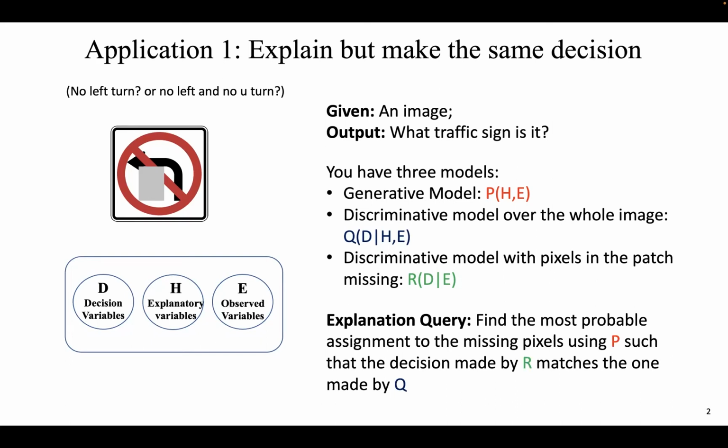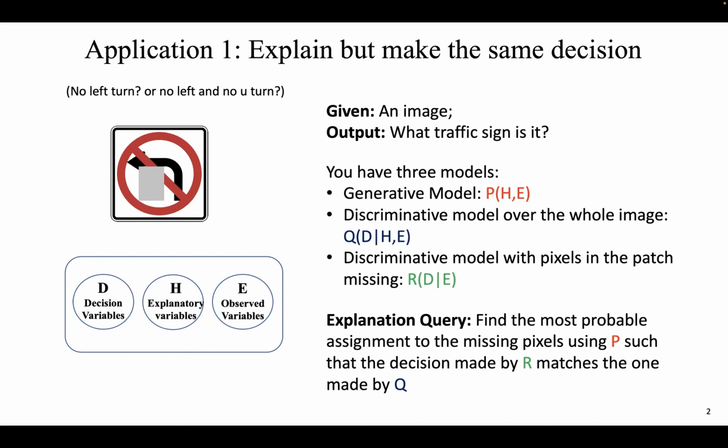Now the same decision explanation task can be defined as follows. Find the most probable assignment to the missing pixels using P, such that the decision made by R matches the one made by Q. If the decision made by R was, in this case, that no U-turn or no left turn is allowed, then you should complete the image in such a way that the explanation matches the decision.